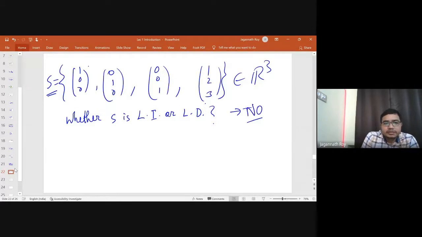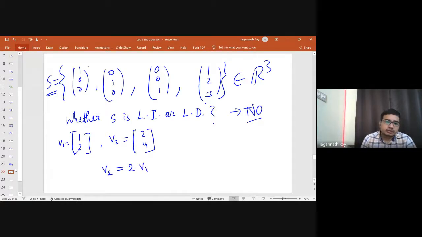Linearly dependent means, for example, if you remember 1 2 and 2 4, suppose these are v1 and v2, you can see that v2 is 2 times v1.